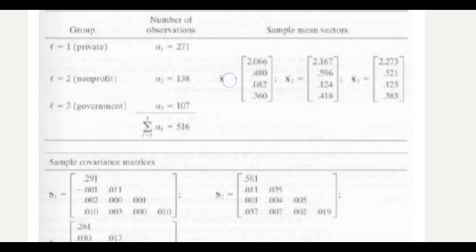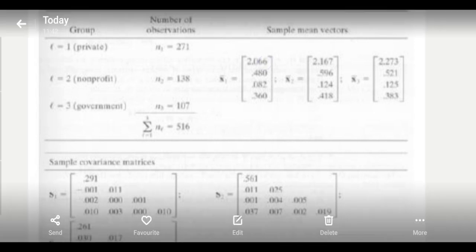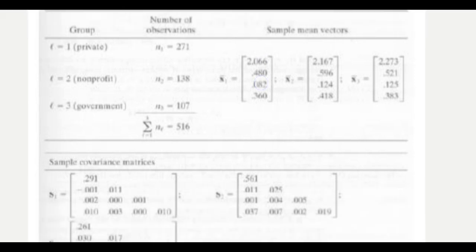Okay, so this part is the mean vector for the first population. So, 2.066 ni adalah mean for the first variable in the first population and so on. Okay, kita ada 4 ni, maksudnya ada 4 mean, ada 4 variable tadi.